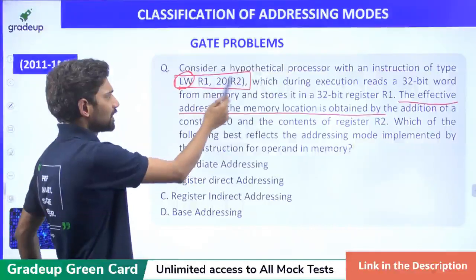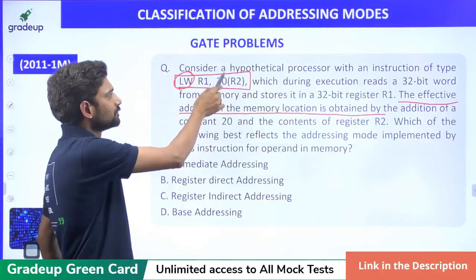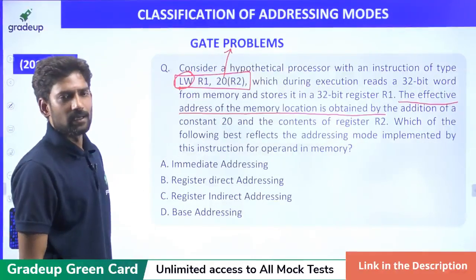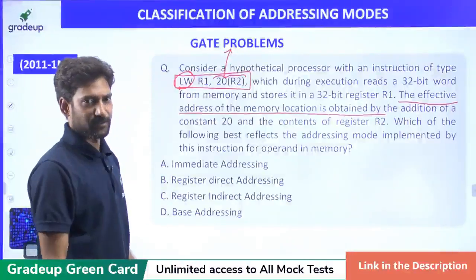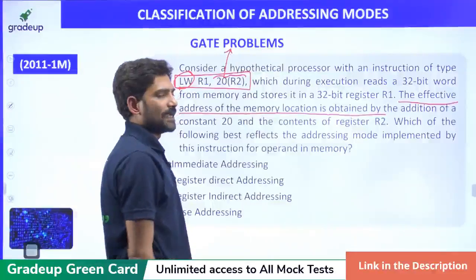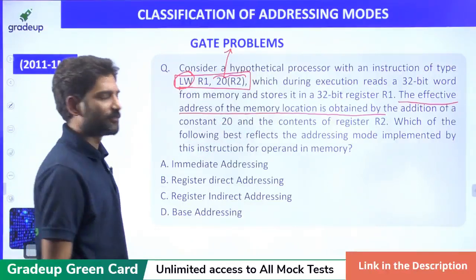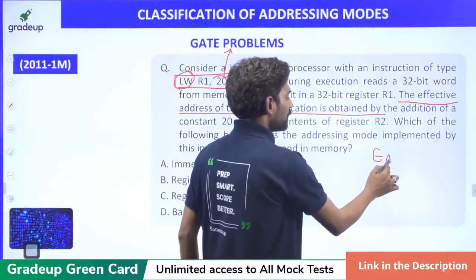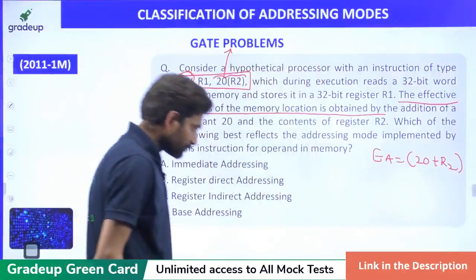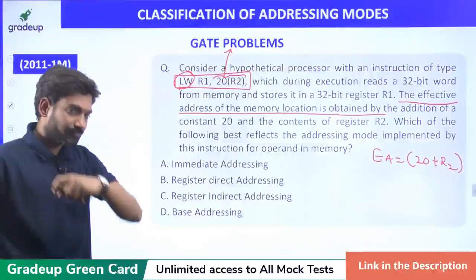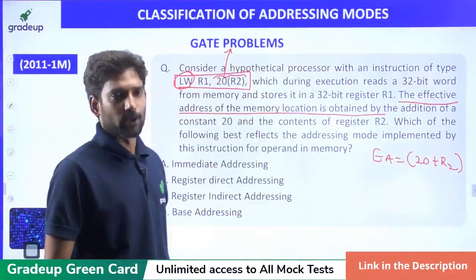The second operand is a memory location, because it is in parentheses. The effective address is obtained by addition of constant 20 to the contents of register R2. So how do you get the effective address? Addition of constant 20 to register R2.